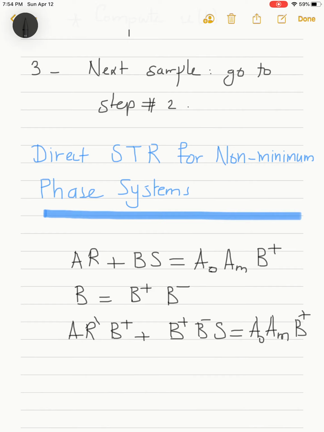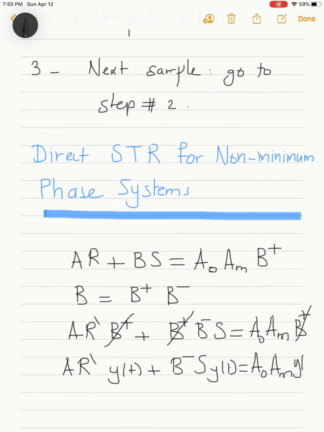We are doing actually the same sequence as we did before when we derived the direct self-tuning regulator. I'm going to multiply by y at both sides of the equation. So I will get A R dash y plus B minus S times y equals A node AM times y.